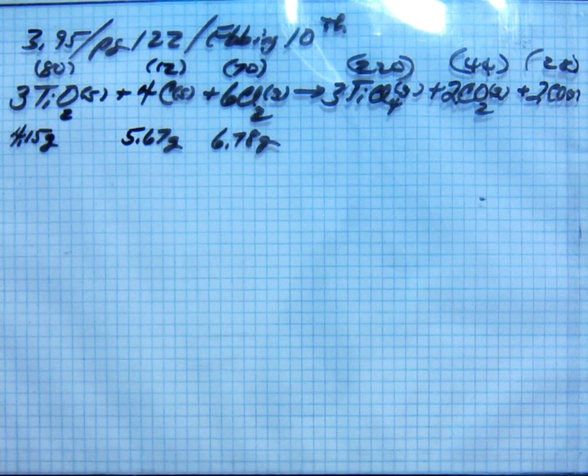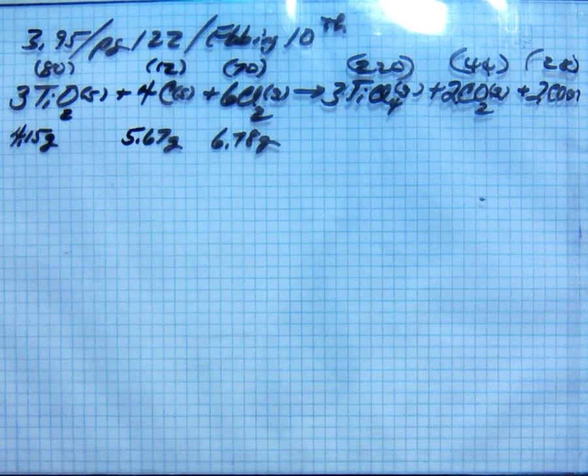More times than not, you're going to need the formula weight for something. Okay? And so you're given a vessel that contains 4.15 grams of titanium oxide, 5.67 grams of carbon, and 6.78 grams of chlorine gas.